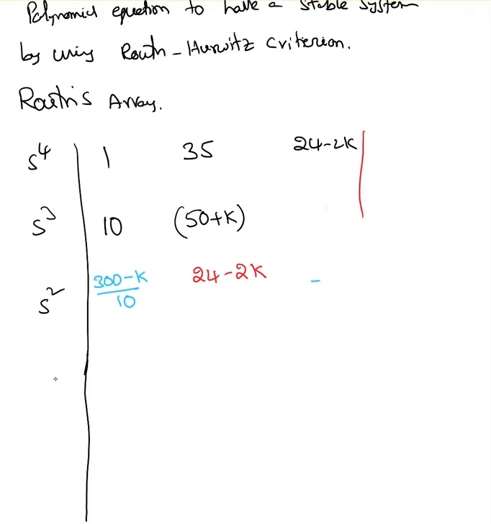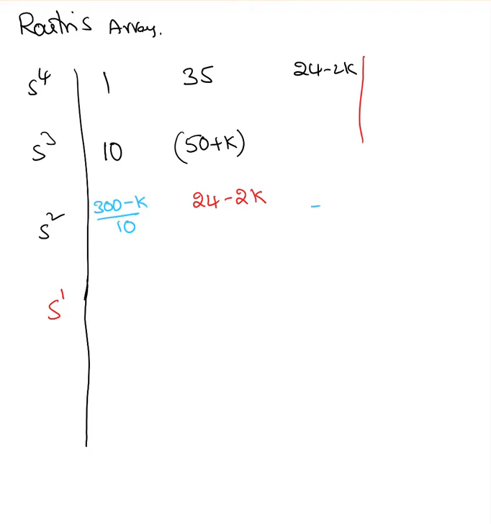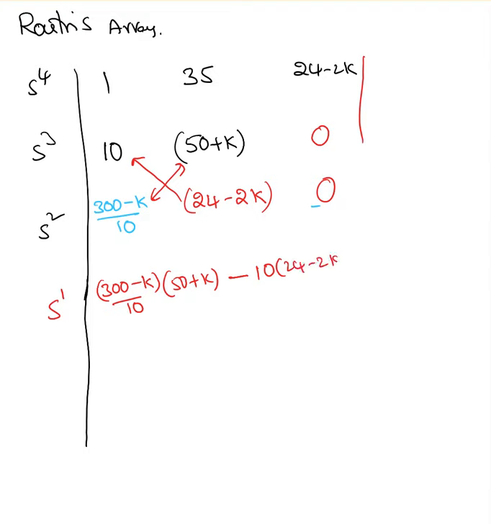Now we'll find s to the power of 1. Since you don't have any elements, we can take that as 0. So these two multiplied minus these two multiplied, divided by this. So s to the power of 1 equals 300 minus k over 10 times 50 plus k, minus 10 times 24 minus 2k, divided by 300 minus k over 10.